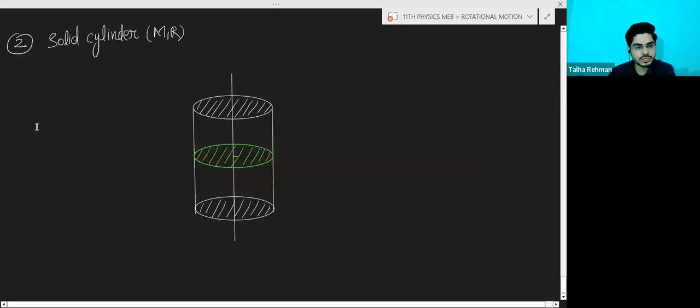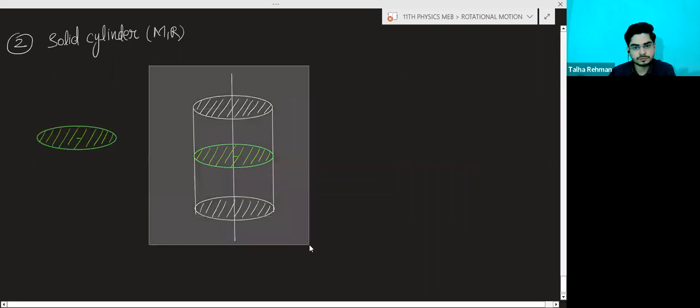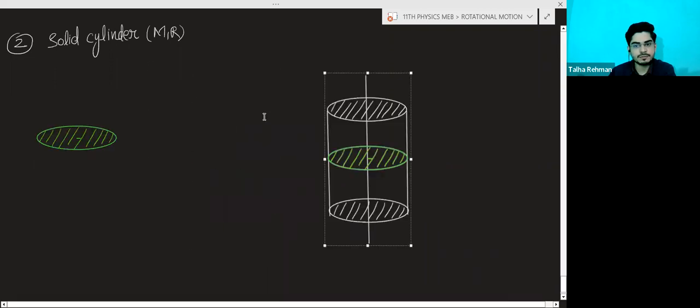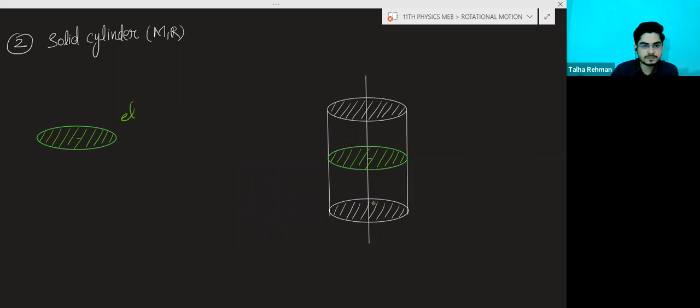Same procedure you will follow for calculating the moment of inertia about this axis. This is the elemental disk, and this disk has the radius r and mass dm.